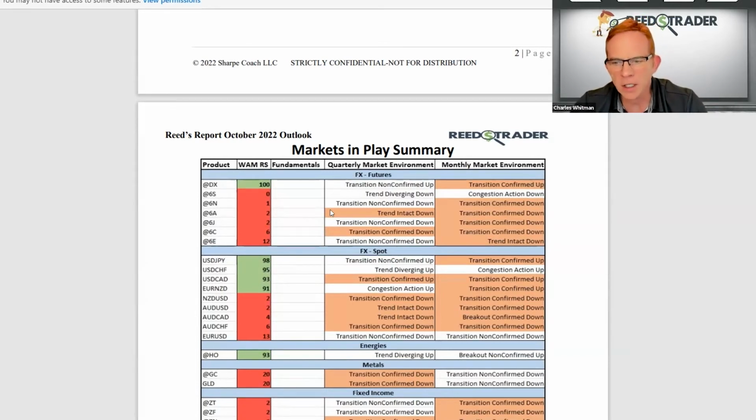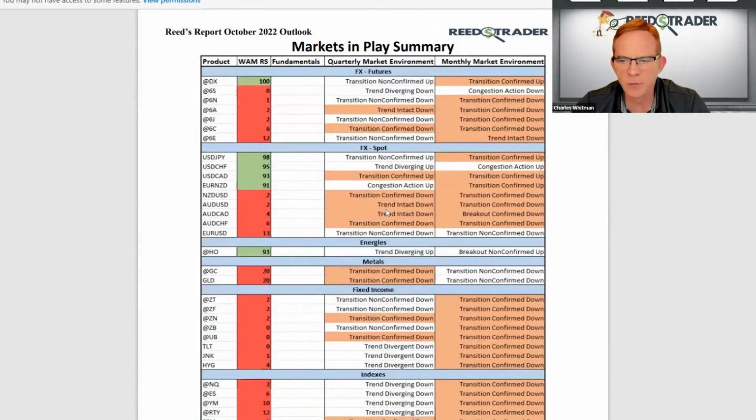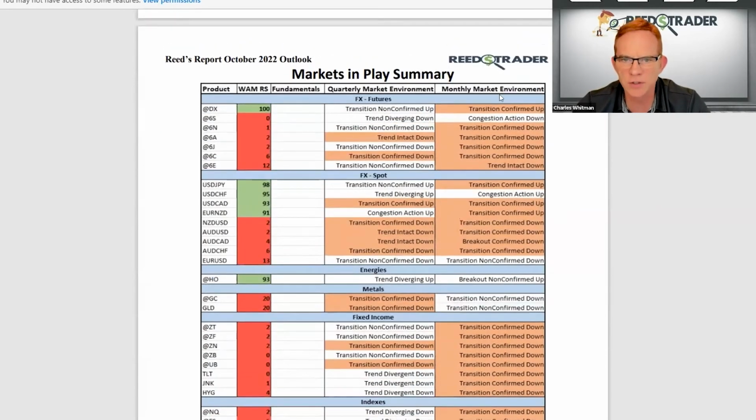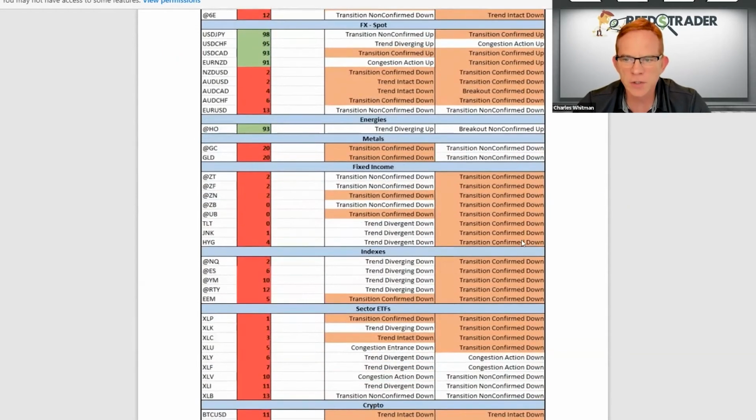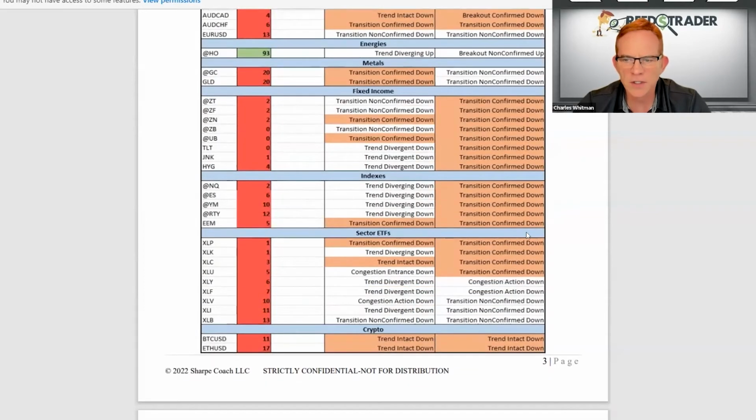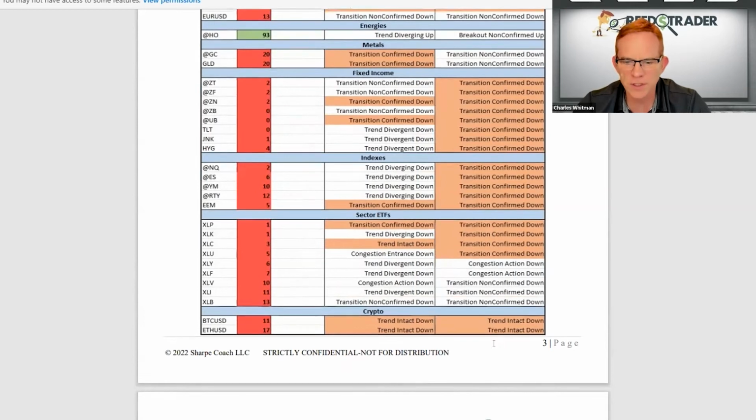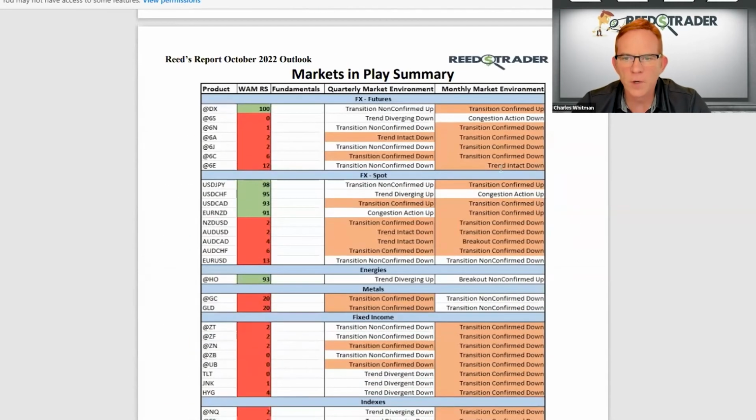So when we look in here, there's a couple things that we see. We see really strong trend metrics across FX, across treasuries and fixed income, across stock indices, across some of the sectors, and in cryptocurrencies. We go up into the quarterly. The quarterly is telling us a different picture, and I'm going to talk about this a little bit today.